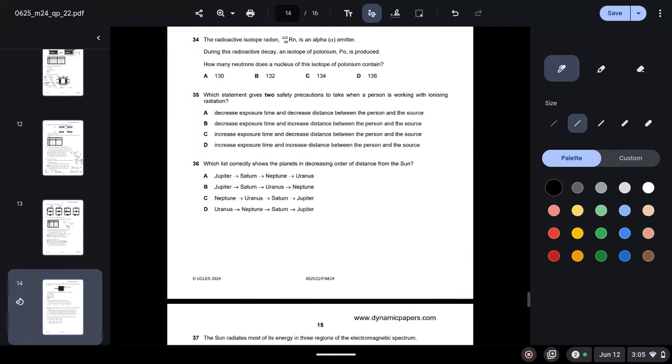The radioactive isotope radon is an alpha emitter. During this radioactive decay, an isotope of polonium is produced. How many neutrons does the nucleus of this isotope of polonium contain? So polonium is produced when radon emits an alpha particle. After the emission of an alpha particle, polonium is produced, so it will have this notation.